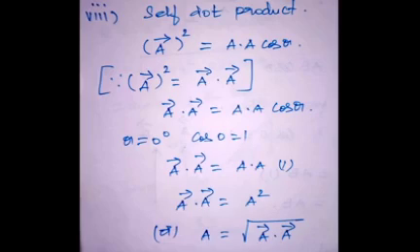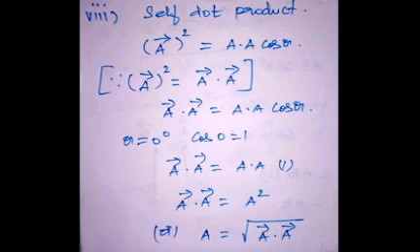Now see the explanation. The self dot product means the same vector is multiplied with itself. Here A vector square is written as A vector dot A vector. Now substitute the value there, we get A vector dot A vector equal to A dot A cos theta.